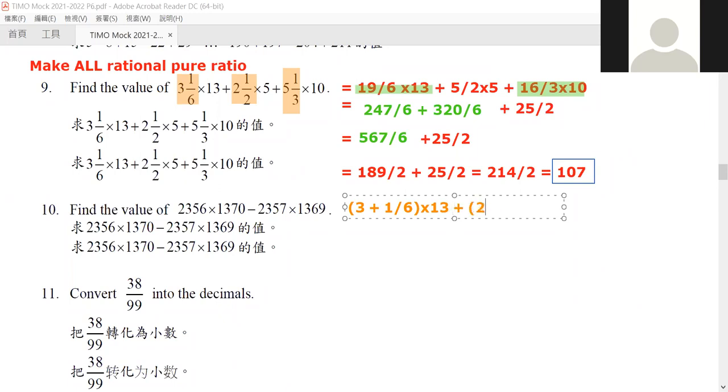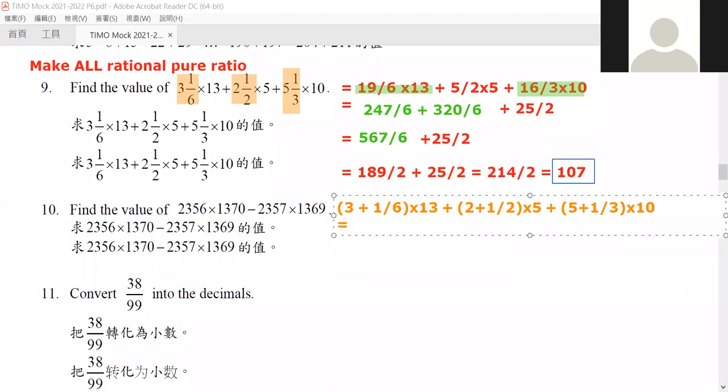And later is 2 plus 1/2 multiplied by 5, plus 5 plus 1/3 times 10. But then, if you think about it, you can now use the distributive law to find each and every one of them by placing all the multiplication inside the bracket, right?